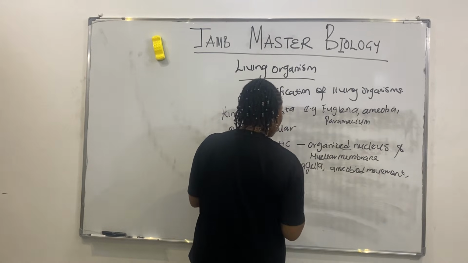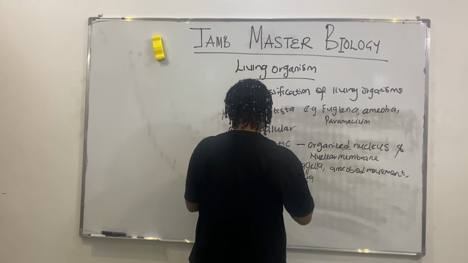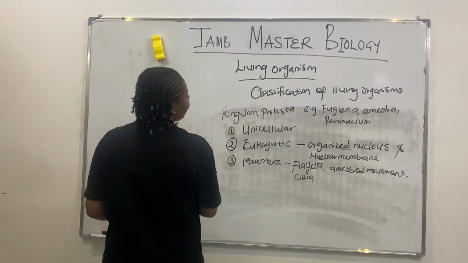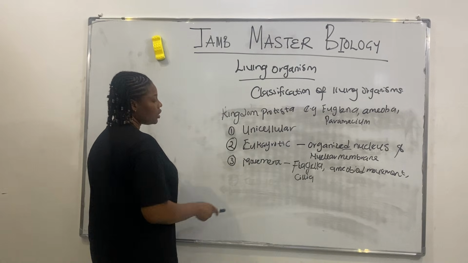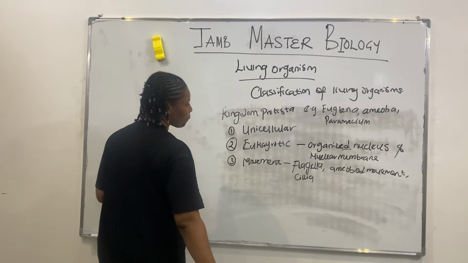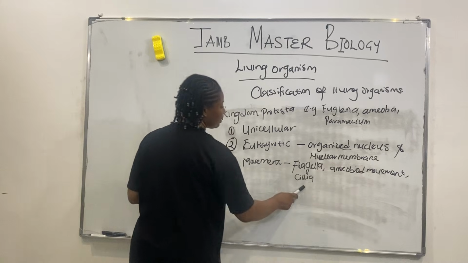Then we have the Paramecium that moves by cilia. Yes. So under movement of kingdom Protista, the mode of movement, we have flagella, we have amoeboid movement, and we have cilia.